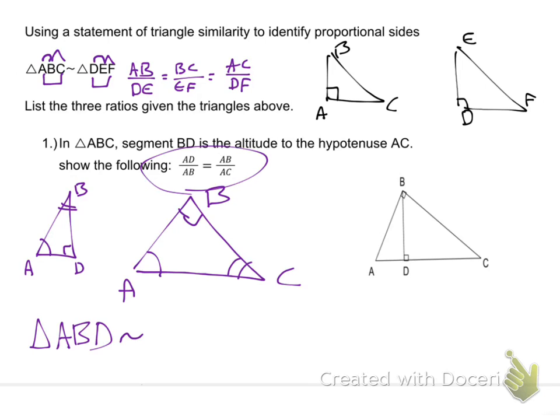So, triangle ABD is going to be similar to triangle ABC, where angle A corresponds to the single tick mark, which is also A. Then B corresponds to C, and then D corresponds to the 90, which is back to B. This allows us to set up our statements of similarity so that we can write our ratios.